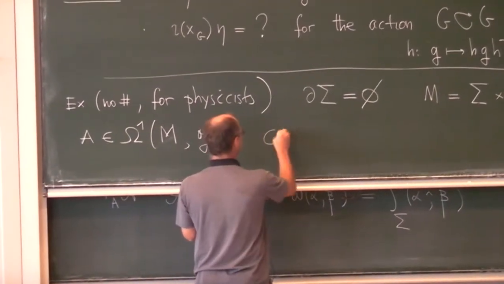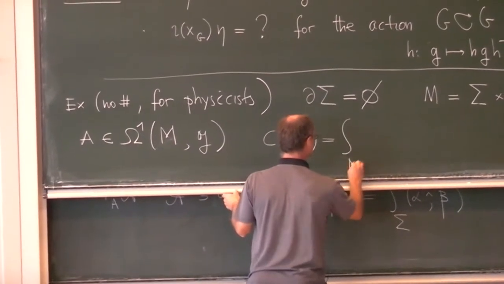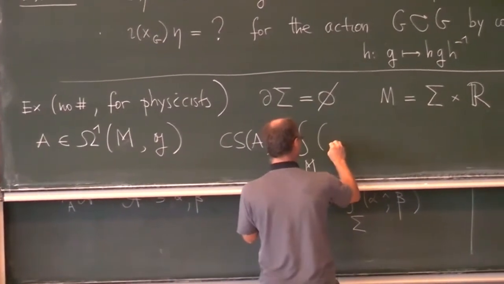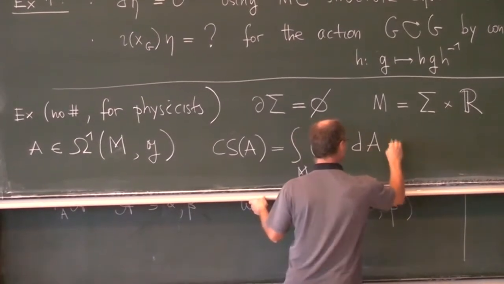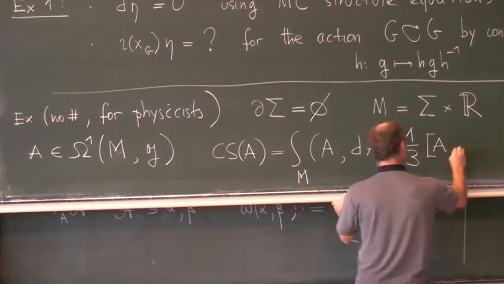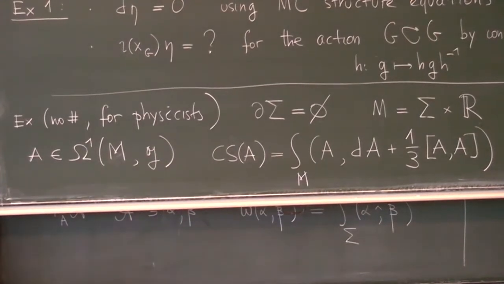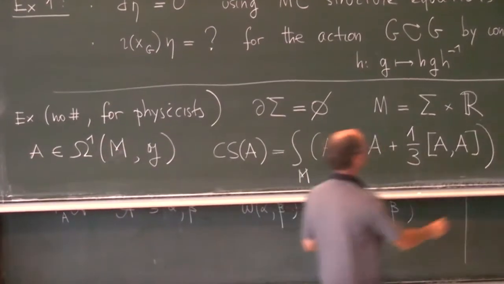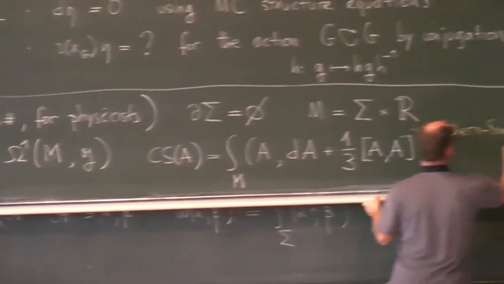Let's consider the following functional of those connections, given by the integral of A product dA plus, interestingly, 1/3 of the bracket of A and A. This functional of the connection on this 3-manifold is called the Chern-Simons functional.